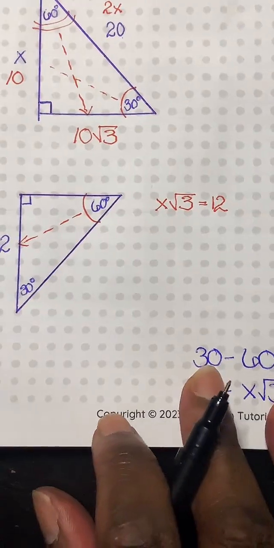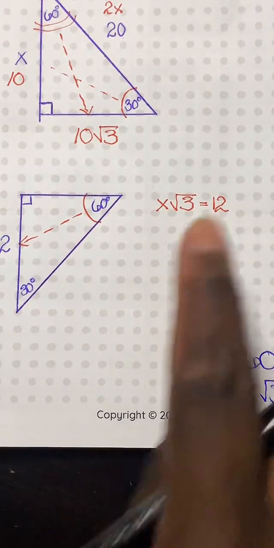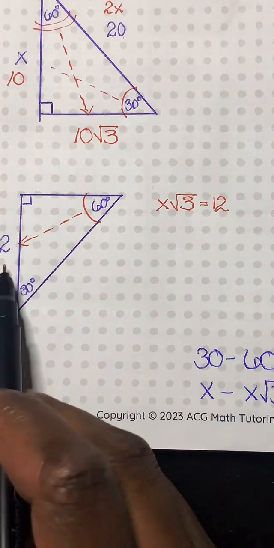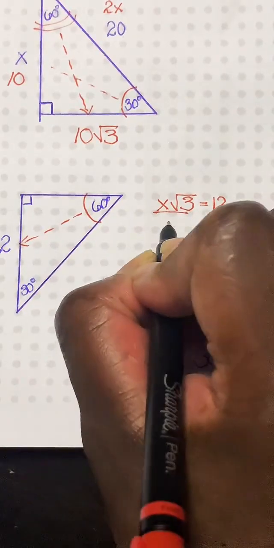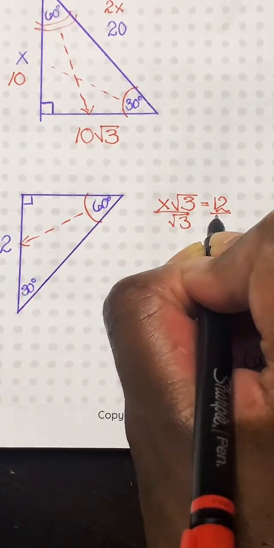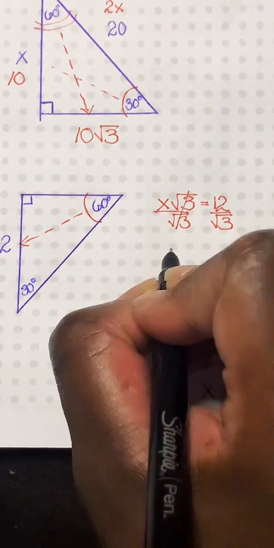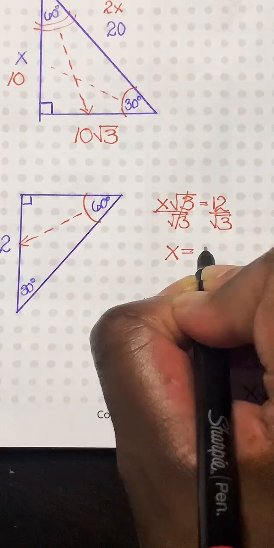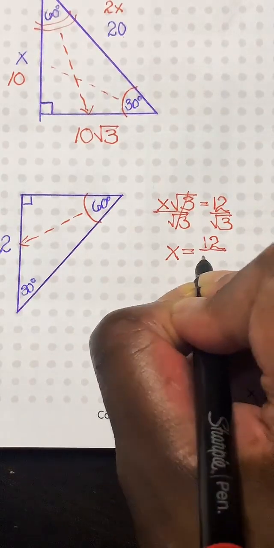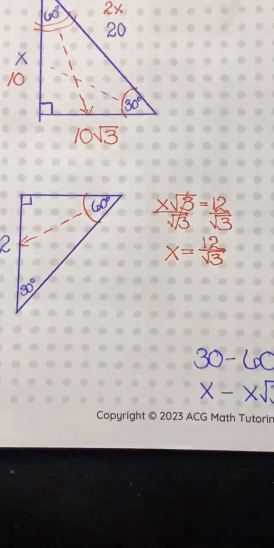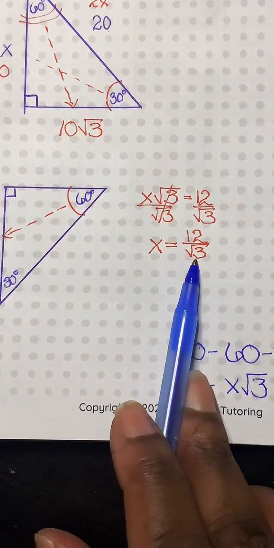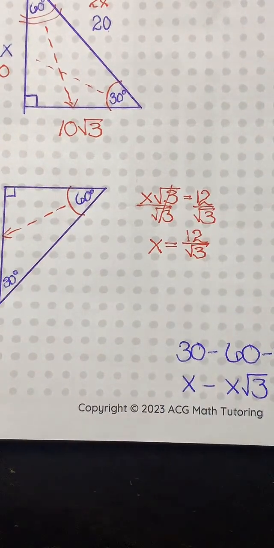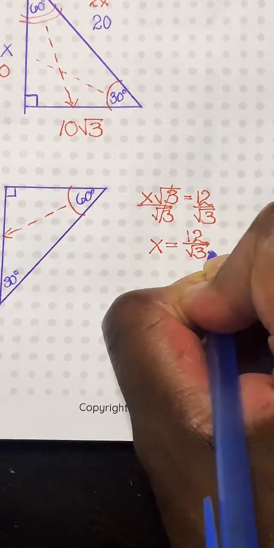So what we can do is use this information to find our smallest side. We already know the middle side, so let's find the smallest side. If I divide both sides by the square root of 3, I get x equals 12 over the square root of 3. But we should not have a radical in our denominator. So how do we do that? We rationalize it.